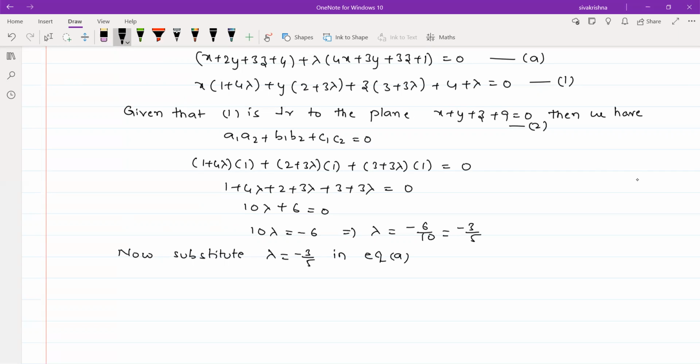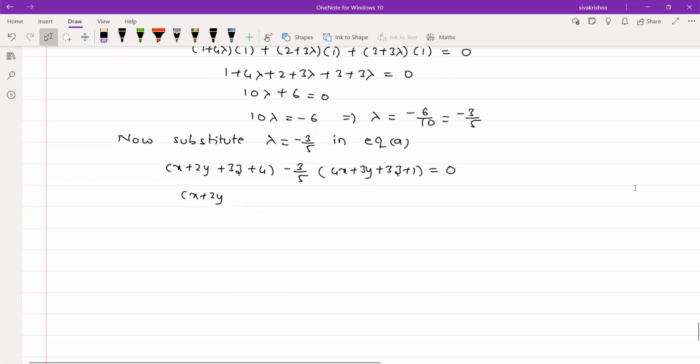So once again I am writing equation A: x plus 2y plus 3z plus 4 plus lambda, where lambda is minus 3 by 5, into 4x plus 3y plus 3z plus 1 equals 0. Shifting the negative term to the right side, we get x plus 2y plus 3z plus 4 equals 3 by 5 into 4x plus 3y plus 3z plus 1.